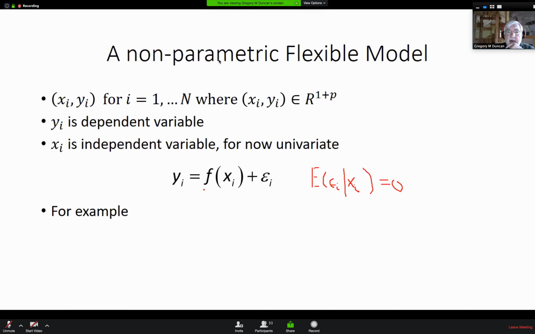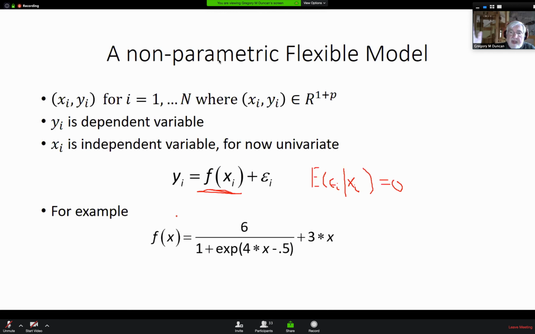Note that implies that f of x is the conditional expectation of y given x. It's necessarily so. Okay, so here's an example.